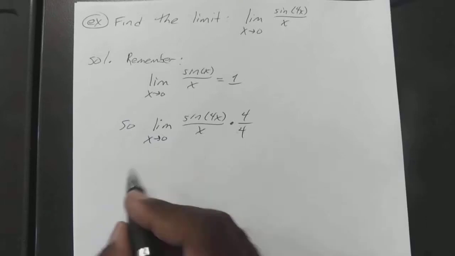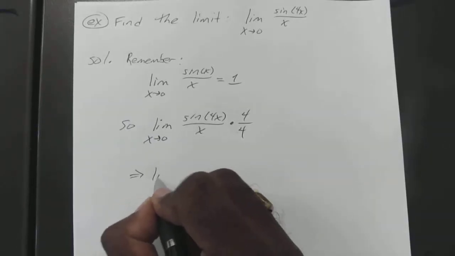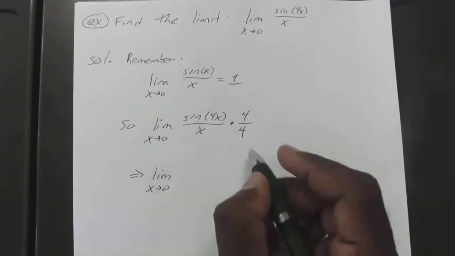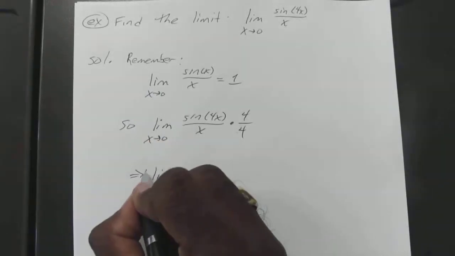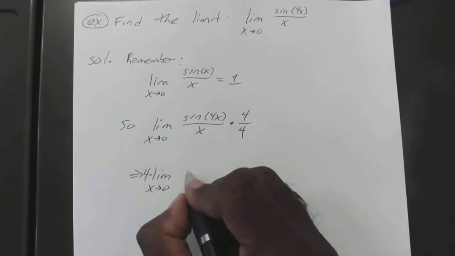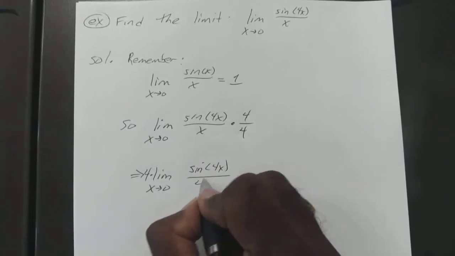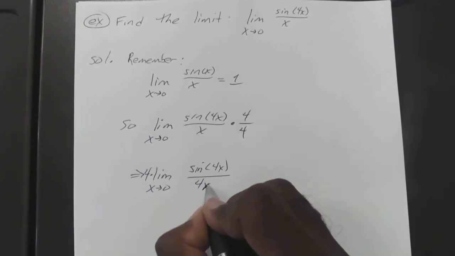Okay, so if we move this 4 here, we have the limit as x approaches 0. Again, we get the 4 in the numerator, just move it out front, so 4 times that. You have sine of 4x over 4x.